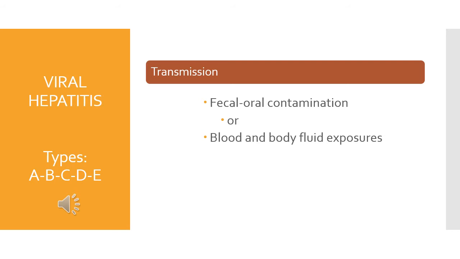Our discussions are going to focus on viral hepatitis, types A, B, C, D, and E. These viruses are transmitted in one of two ways, either fecal-oral contamination or blood and body fluid exposures.